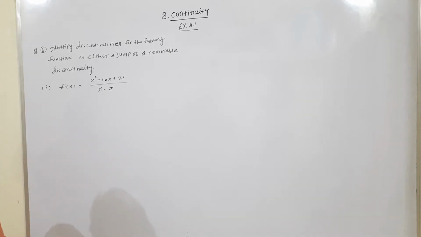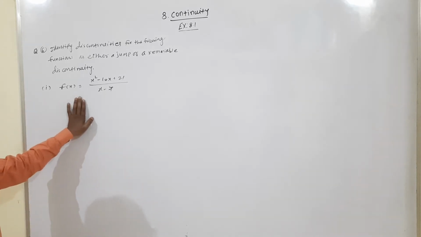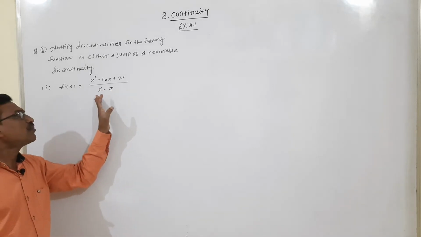discontinuity. So the first example, function f of x equal to x square minus 10x plus 21 upon x minus 7.